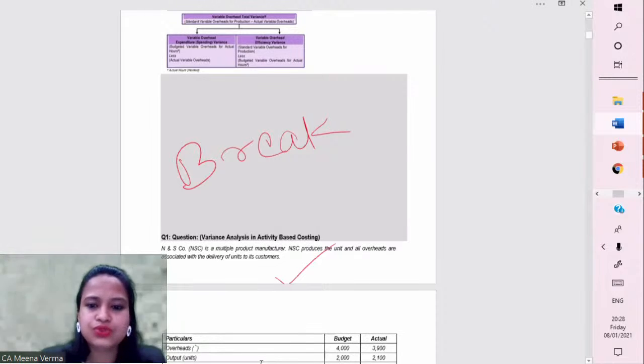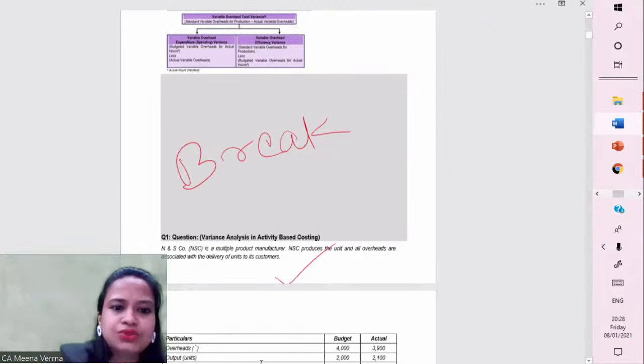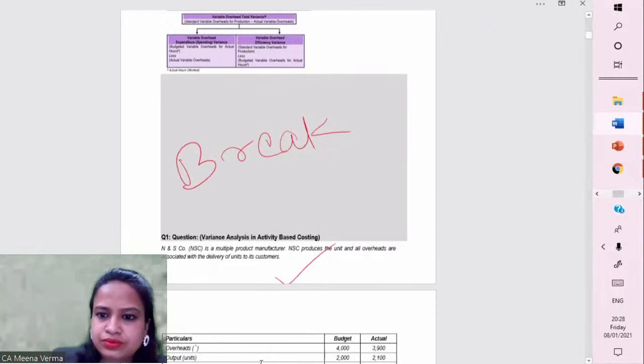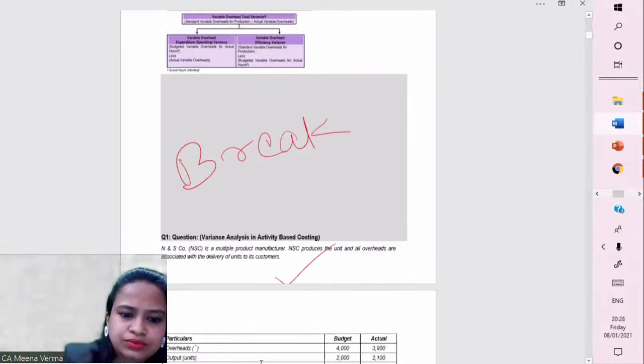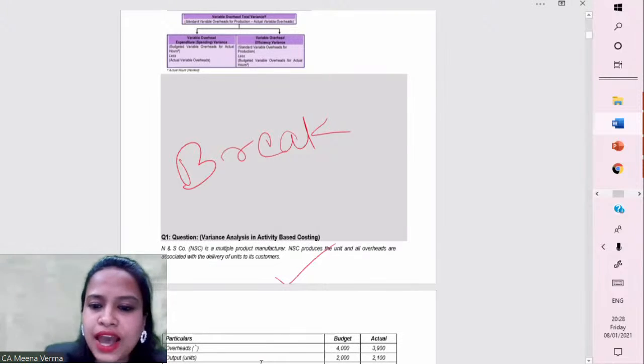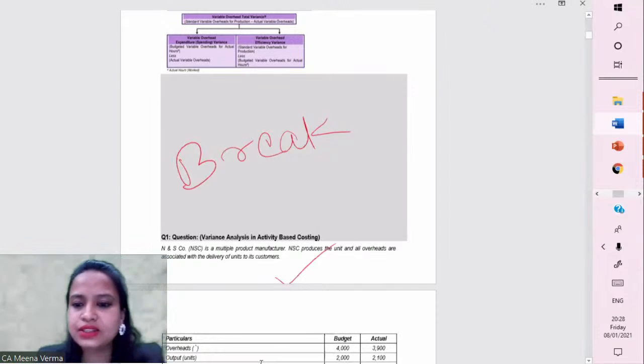Similarly, if they ask you to calculate the efficiency variance, use this formula: standard activity for actual output minus actual activity, into standard cost for actual activity.